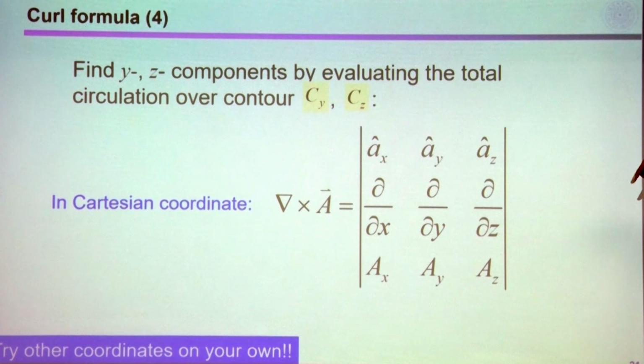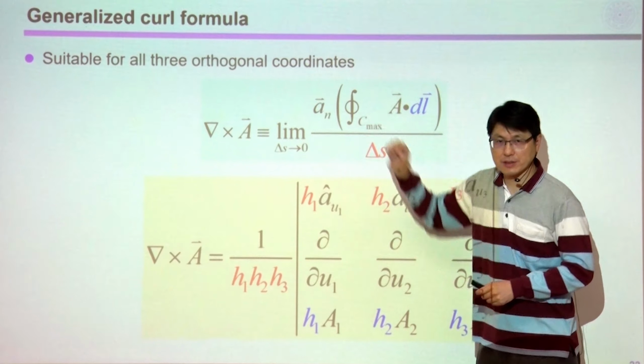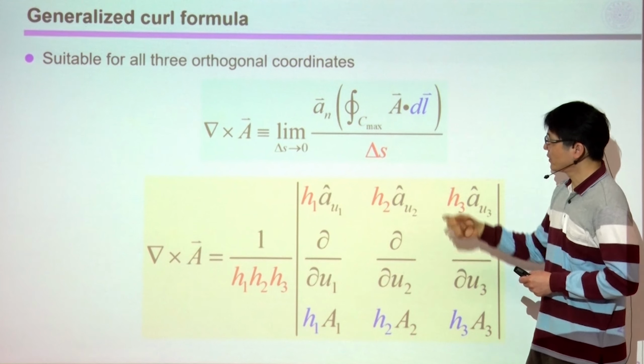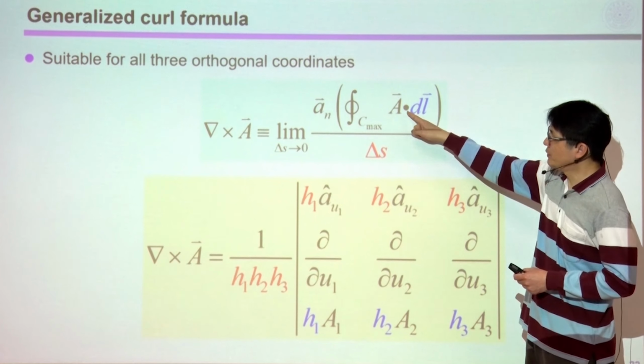Let me spend some time and talk about the generalized formulation. The definition of curl is trying to find the maximum net circulation. When you try to find the circulation, you need to make an inner dot product of your vector field with the differential length.